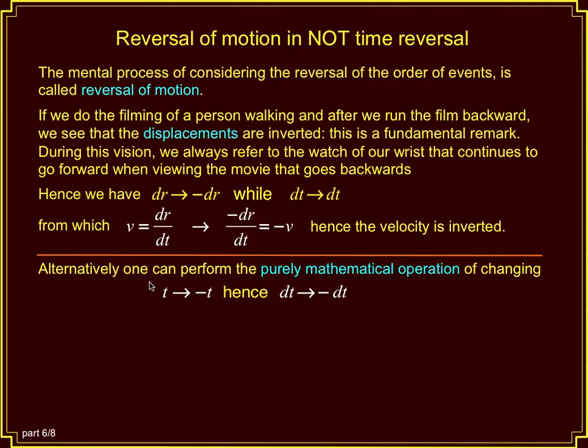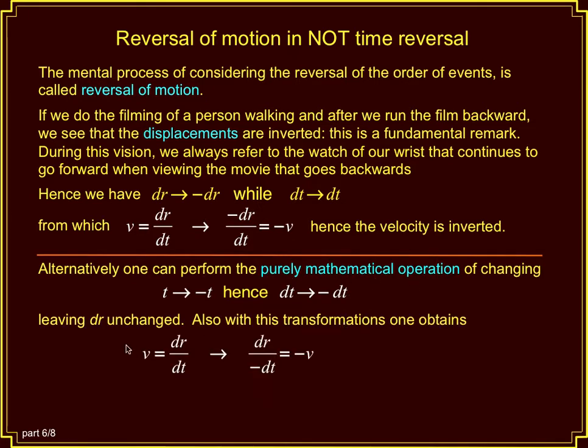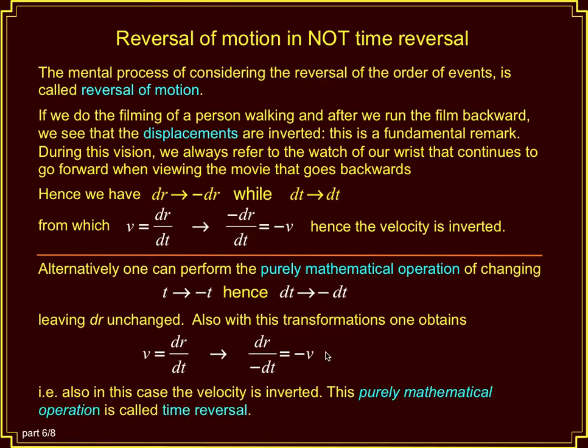Alternatively, one can perform the purely mathematical operation of changing t into minus t, hence dt into minus dt, leaving dr, the displacement, unchanged. Also with this transformation, one obtains that the velocity is inverted.